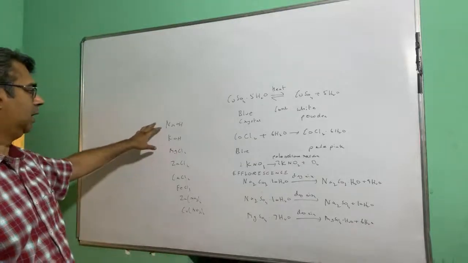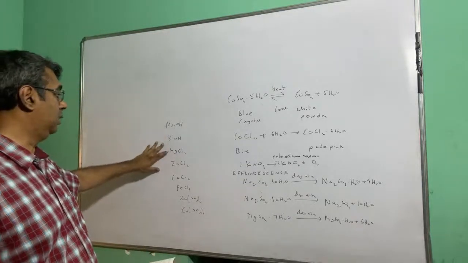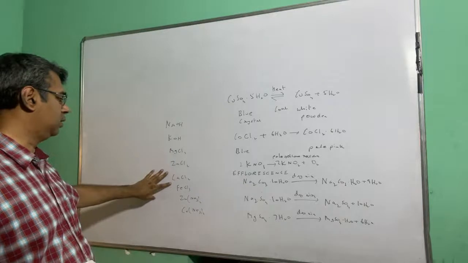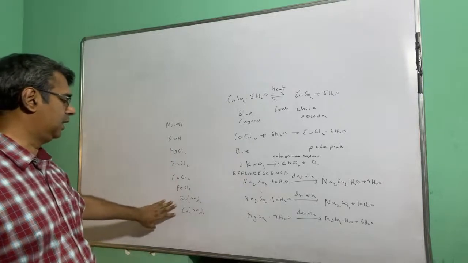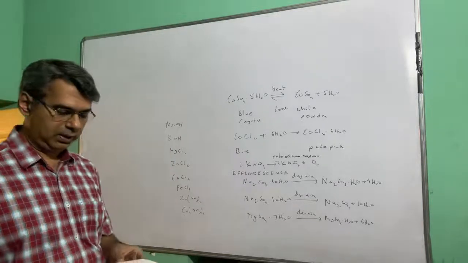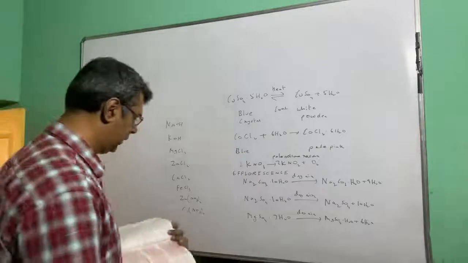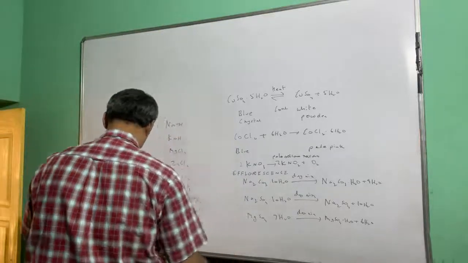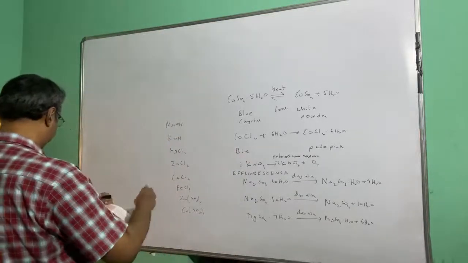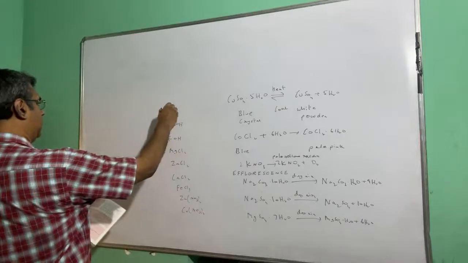Okay, now have a look at these compounds: NaOH, KOH, MgCl2, ZnCl2, CaCl2, FeCl3, Zn(NO3)2, and Cu(NO3)2. These substances are called deliquescent.